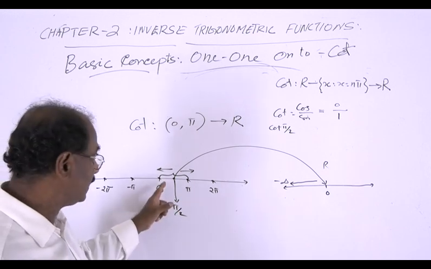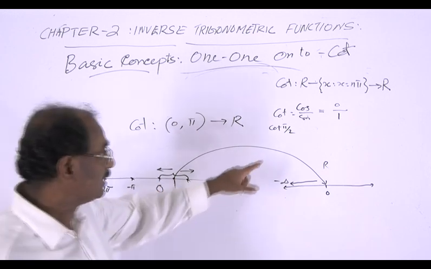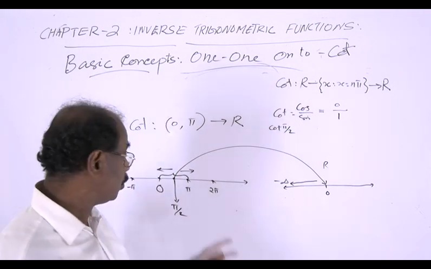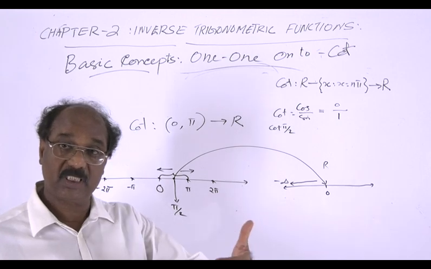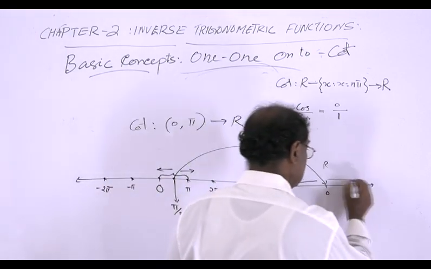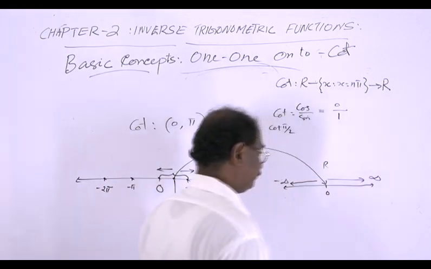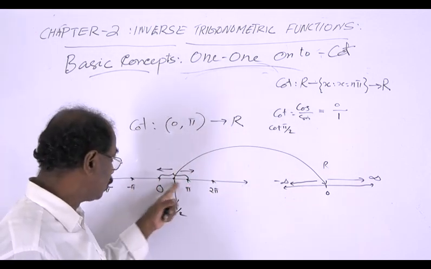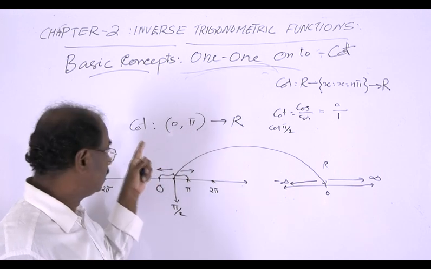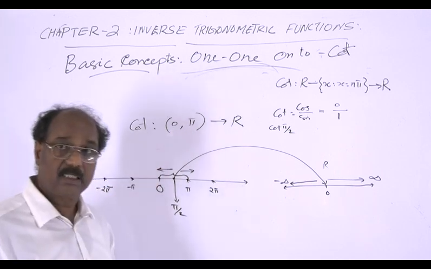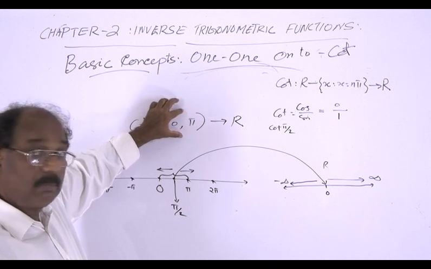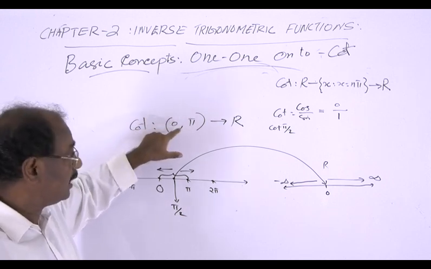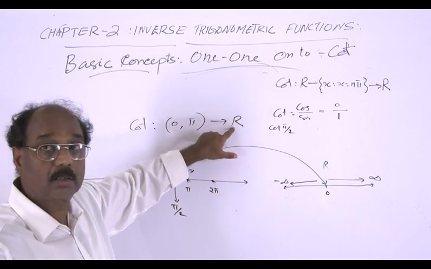So in that case, cos by sine becomes very large, approaching positive infinity, since both cos and sine are positive. So in the interval 0 to π, the cot function maps this open interval onto the full R.